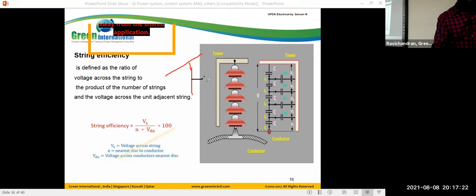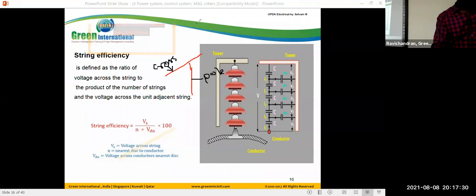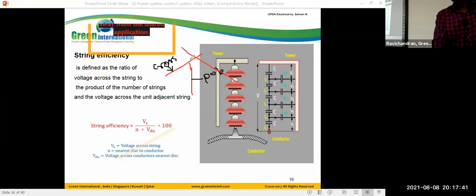This is the pole. The cross arm is made of steel, so we are not able to put the conductor on the steel. That's why we put an insulator and put the conductor on top of the insulator. That insulator we call a pin type insulator.